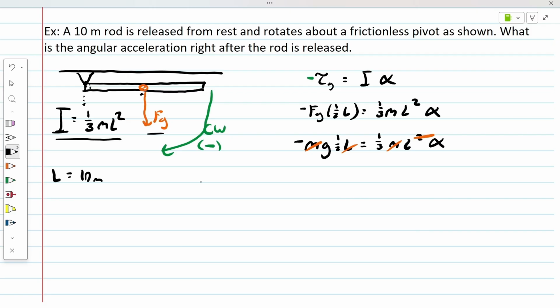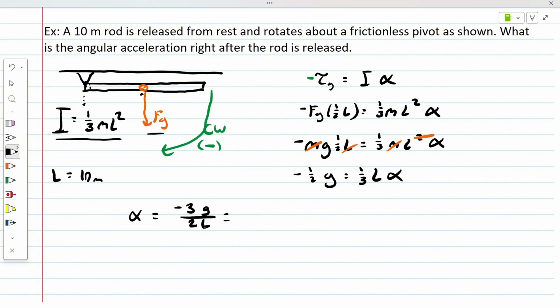And so now if we simplify this a little bit, we can say that negative 1/2 of gravity equals 1/3 L alpha. Okay? And so now if we divide over this piece, I'll write it over here so I have some space, alpha equals negative 3g over 2L.